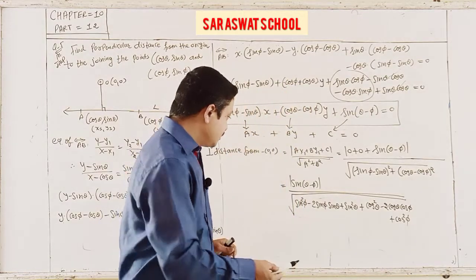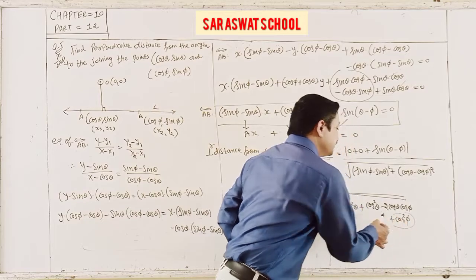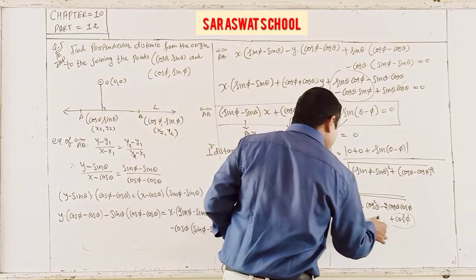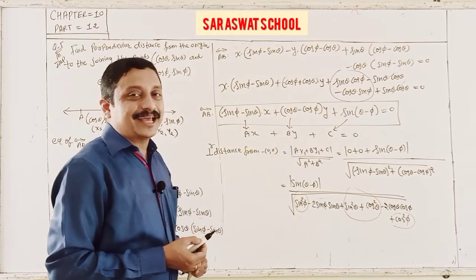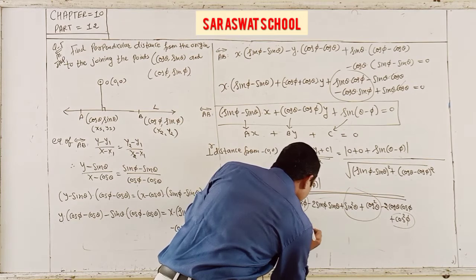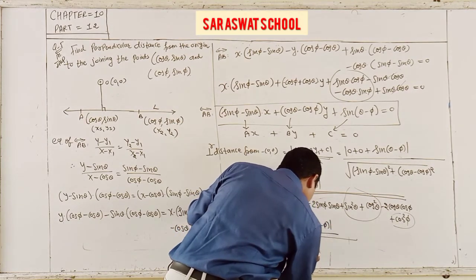Students, you check sin square phi and cos square phi, it is 1. Same, this also 1. Indirectly 1 and 1, so your value is sin theta minus phi, and that is 1 plus 1.